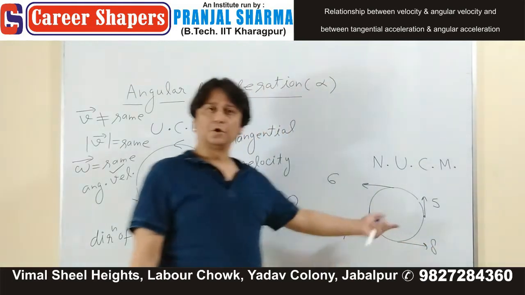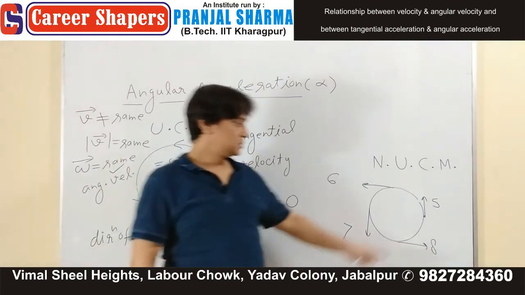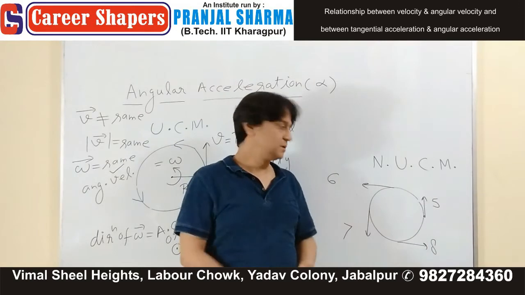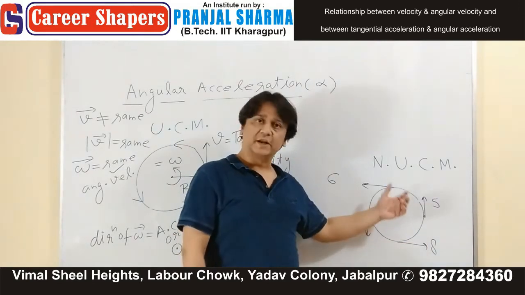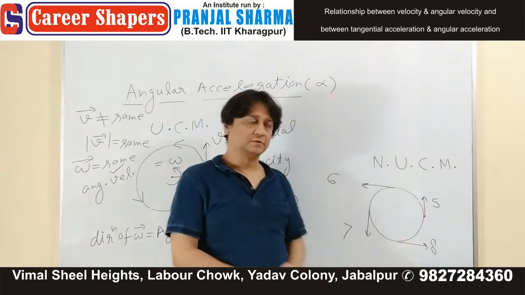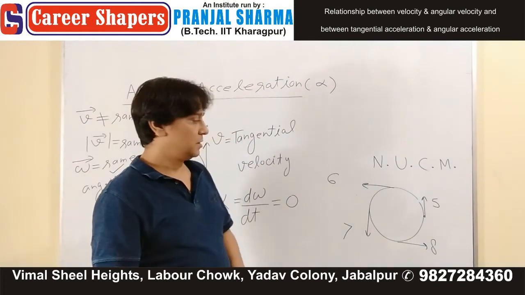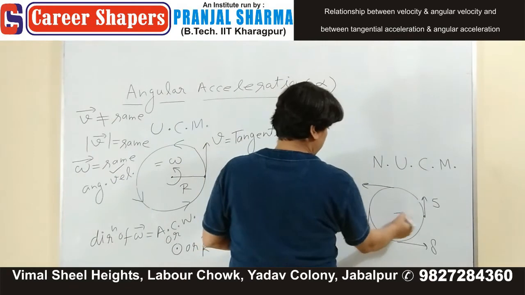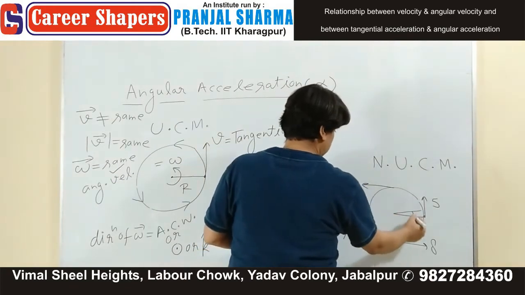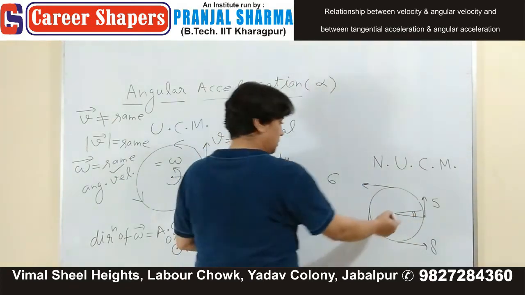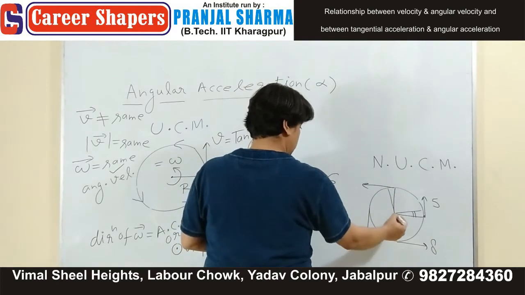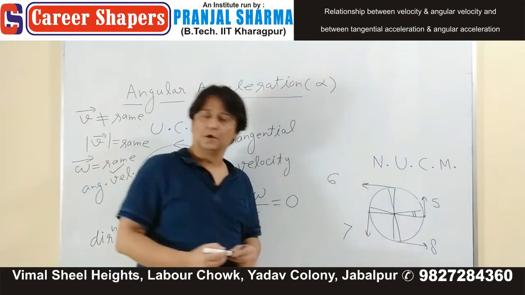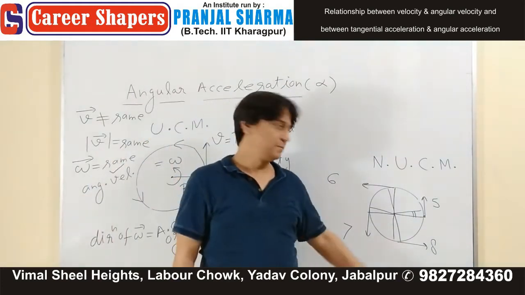This is your non-uniform circular motion. Speed is continuously changing. It can increase or decrease. So the speed is changing. That means simple visualization says that to cover same angle at different places will take different time.